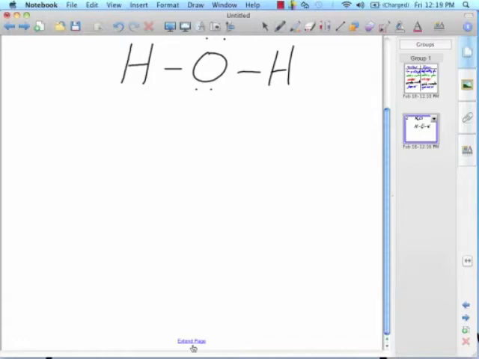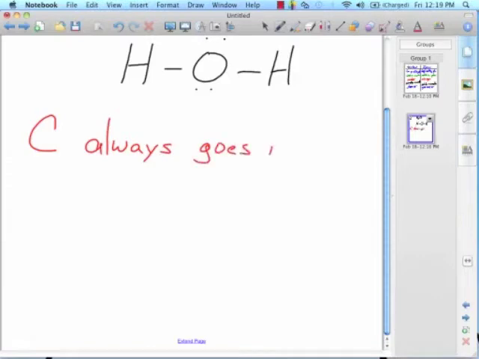If carbon is present, carbon always goes in the middle. Always. But I didn't have carbon, did I? No, sir. So that rule really doesn't help me much at this point.